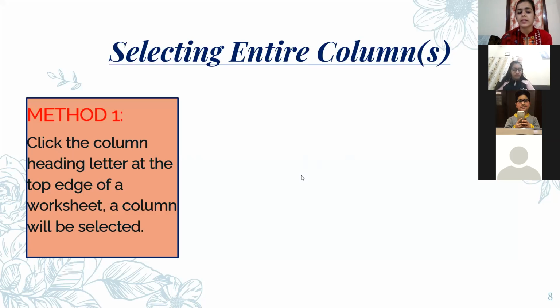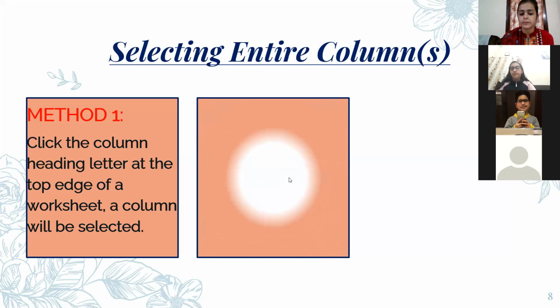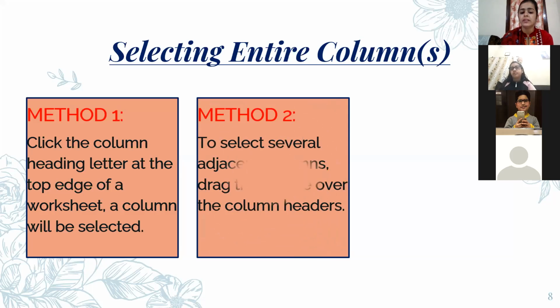So first method, click the column header letter, that is A, B, C, D, whichever column you want to select, and then that particular column will be selected. Clear? Second method: when you want to select adjacent columns, meaning continuous columns, you will drag the mouse over the column headers.